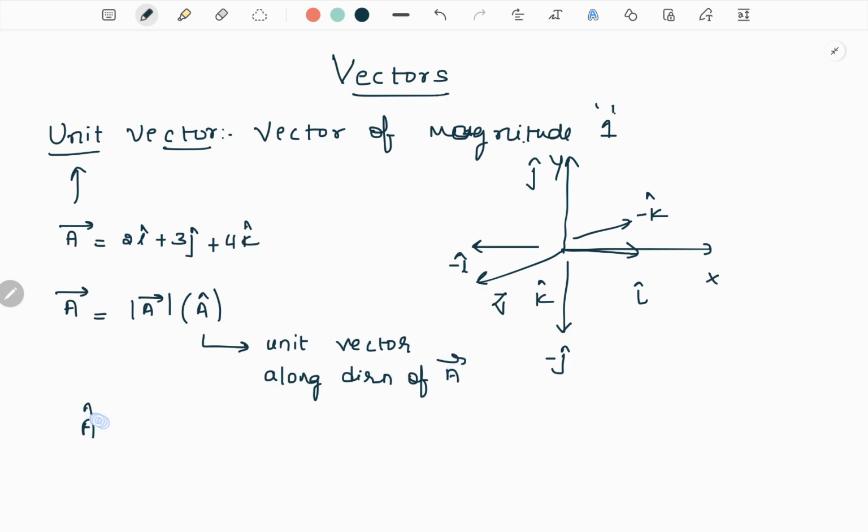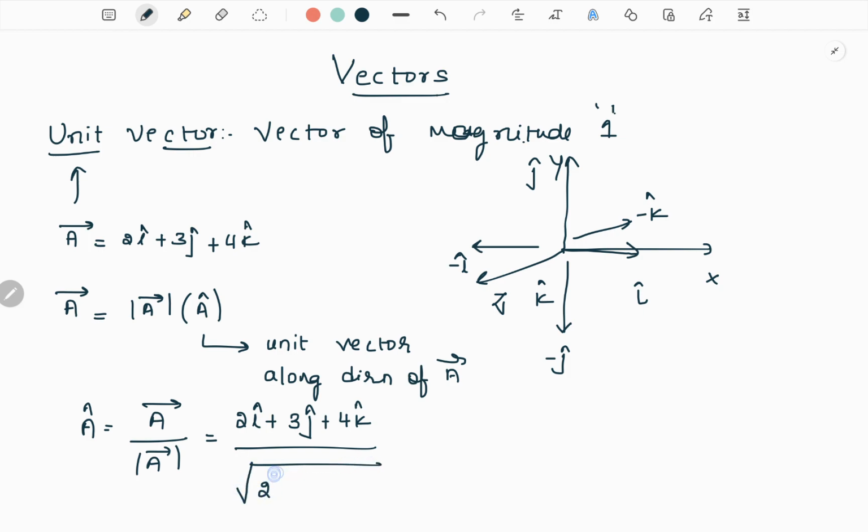So I can write a cap is equal to a bar divided by the magnitude of a bar, which is 2i cap plus 3j cap plus 4k cap divided by the magnitude of a bar. How do we find the magnitude of a bar? Root of 2 square plus 3 square plus 4 square.